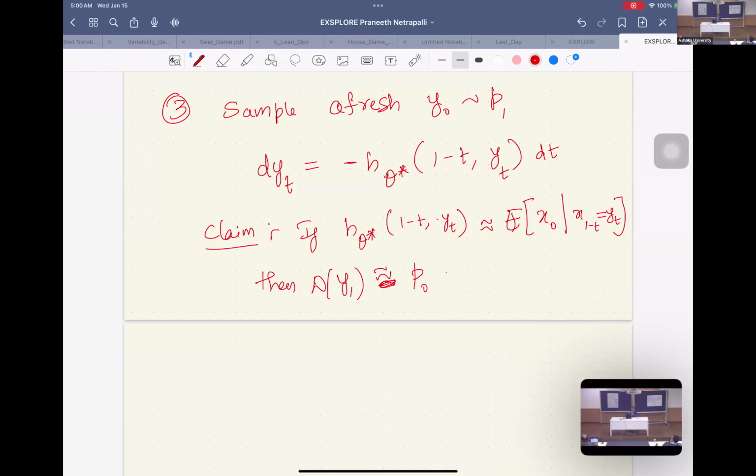So we just have a velocity flow that took us from P0 to P1. We are learning those velocities in a data-driven manner, and then reversing them. When we start from the easy to sample distribution, we will end up at the target distribution P0.